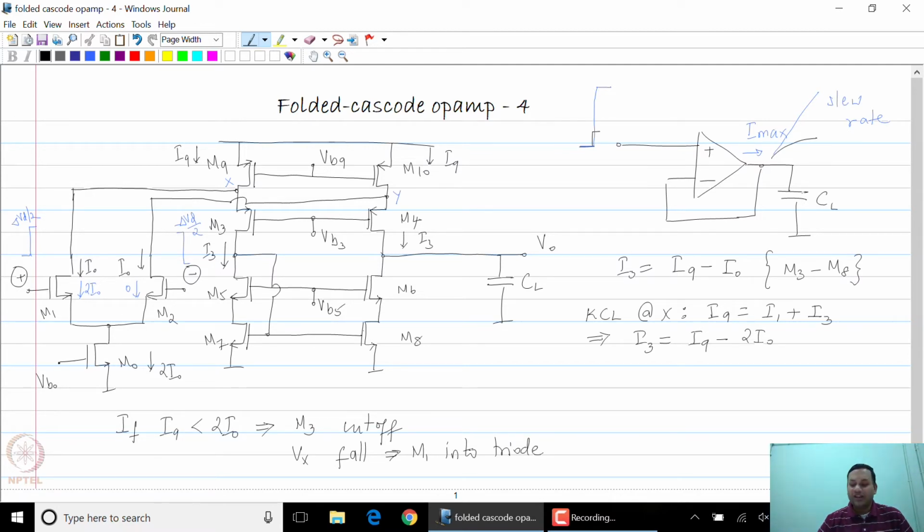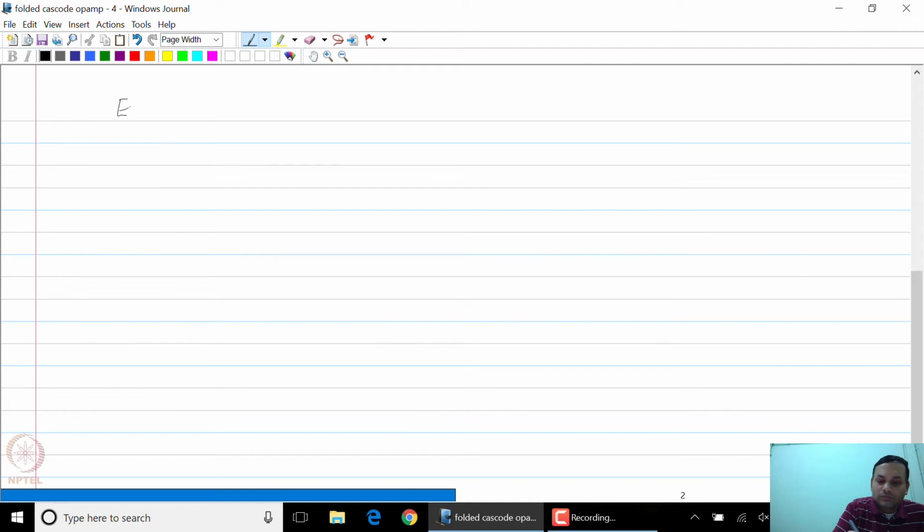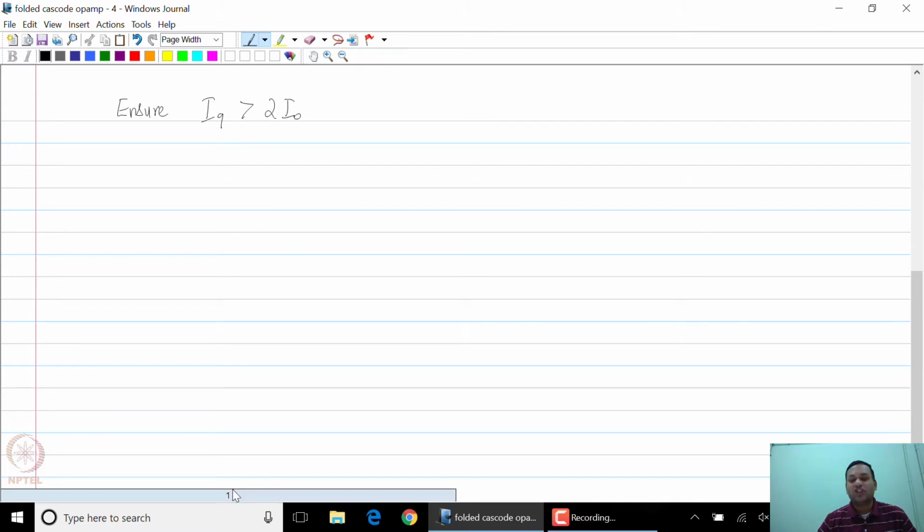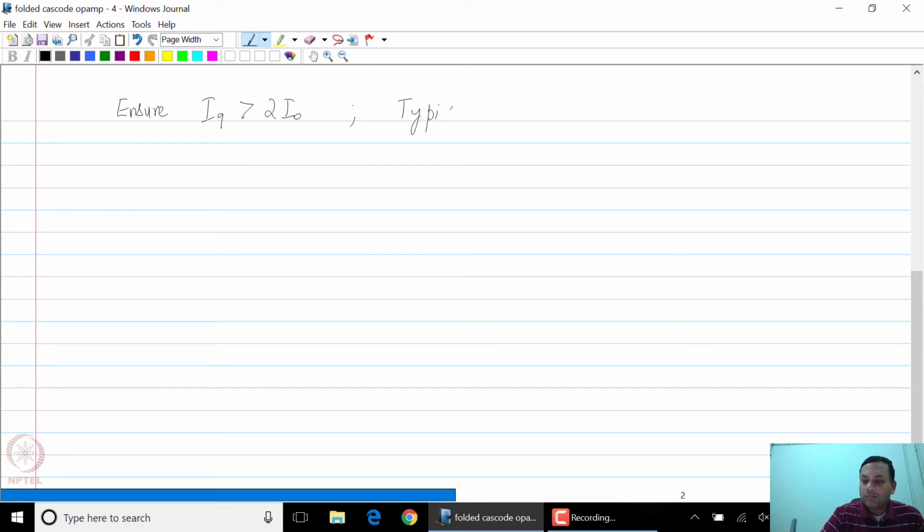So that would be the progression. This is not something which is desirable. So you need to ensure that I9 minus 2I0 is greater than 0. But of course we do not want to burn too much current, so therefore typically I9 would be approximately 2I0 and slightly greater.